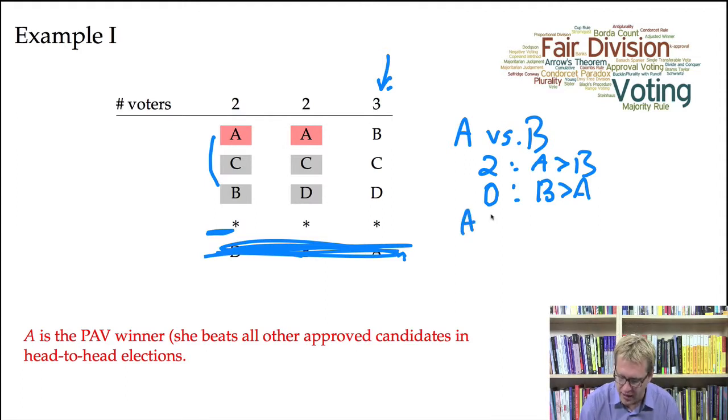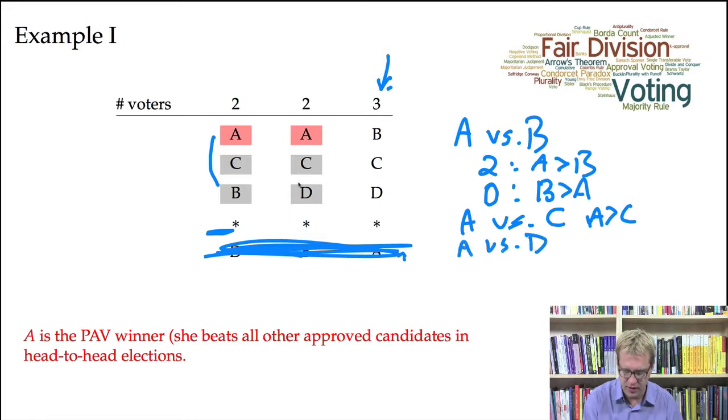What about A versus C? So again, we have 2 prefer A over C, but 0 prefer C over A. What about A versus D? We see that 2 people prefer A over D, but nobody prefers D over A. I think I made a mistake there.